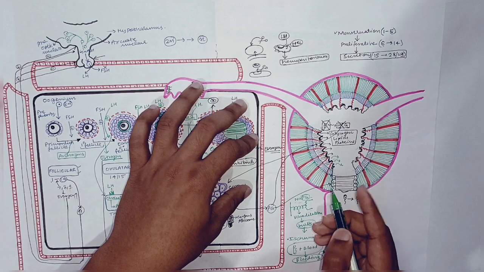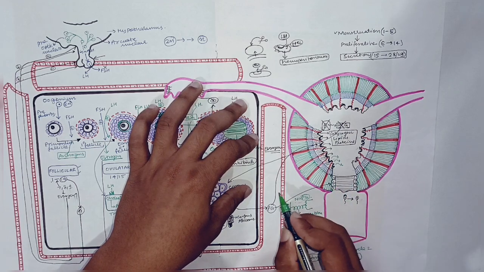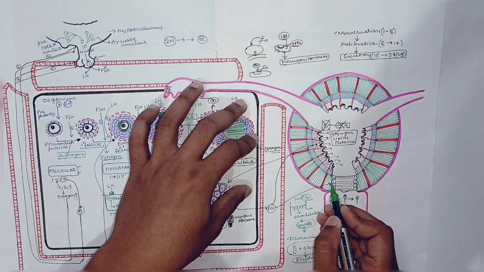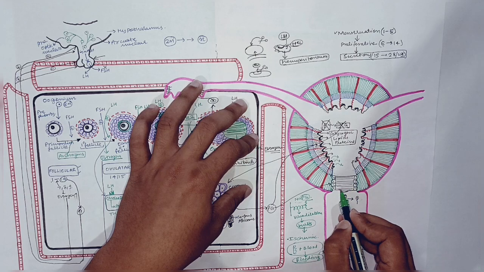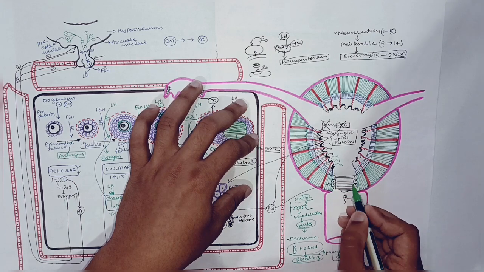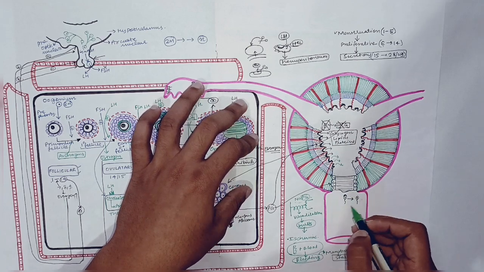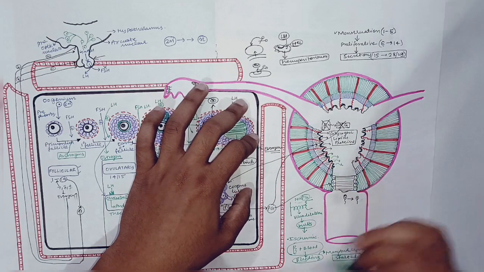And one thing I need to differentiate is that estrogen is the hormone which induces the cervix to produce the thin mucus. The thin mucus is for the entry of the sperm, and the thick mucus is for blocking all the foreign sperms or foreign agents to protect the actual embryo.